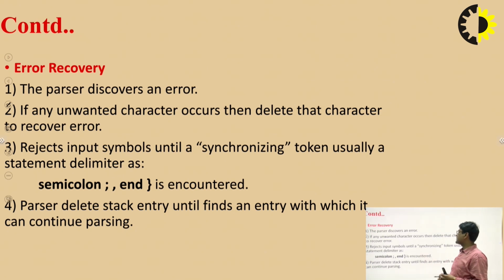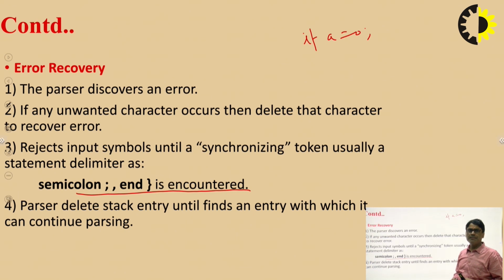Third, reject input symbols until a synchronizing token, usually a statement delimiter like a semicolon or end, is encountered. That is basically the ending of a particular token. For example, if I write "if a = 0", a very simple example, I read I and F, and then we get a blank space.